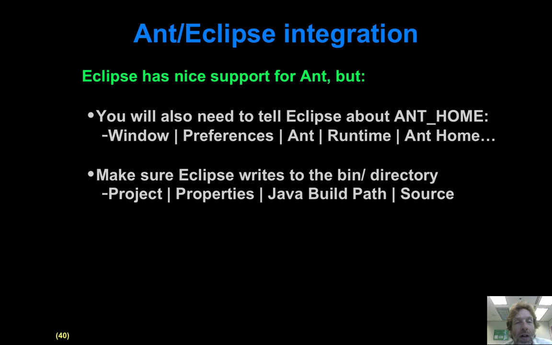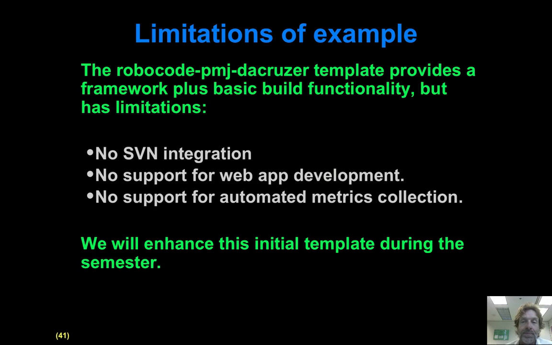Okay, in terms of integrating Ant with Eclipse, Eclipse has nice support for Ant. If you want to run our Ant targets from within Eclipse, you can do that. There's a couple little things you have to worry about, which is setting Ant home and making sure that Eclipse writes out to a bin directory versus the build directory, where you can play around with that. It's not very hard.